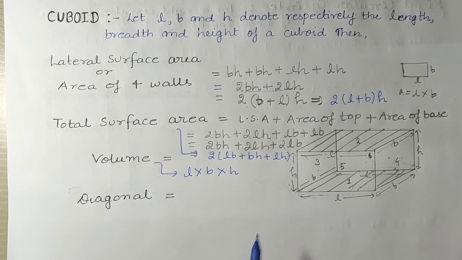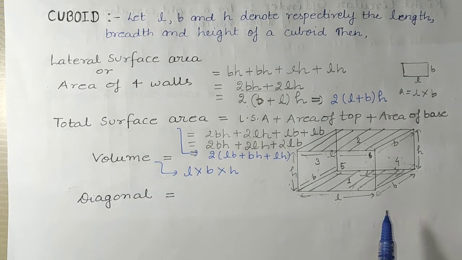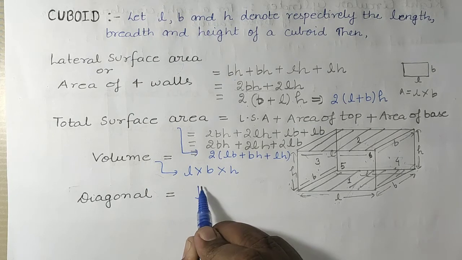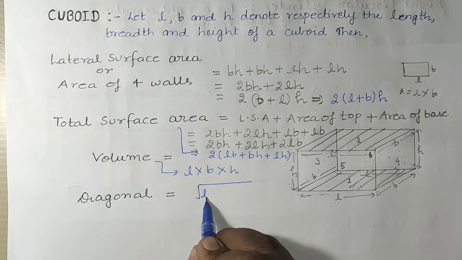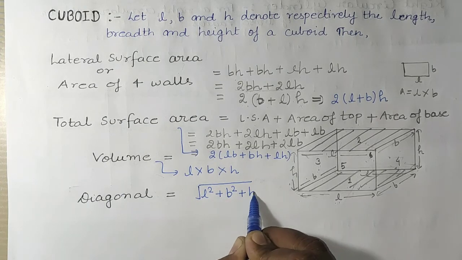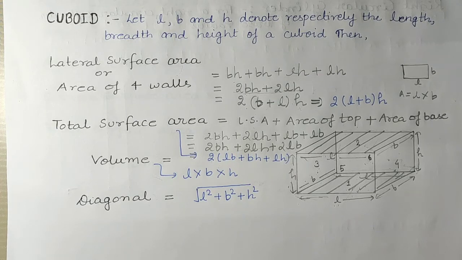Now what is the diagonal of cuboid? Means the longest rod that can be adjusted in cuboid. The formula for that is under root L square plus B square plus H square. This is the formula for the diagonal of cuboid.